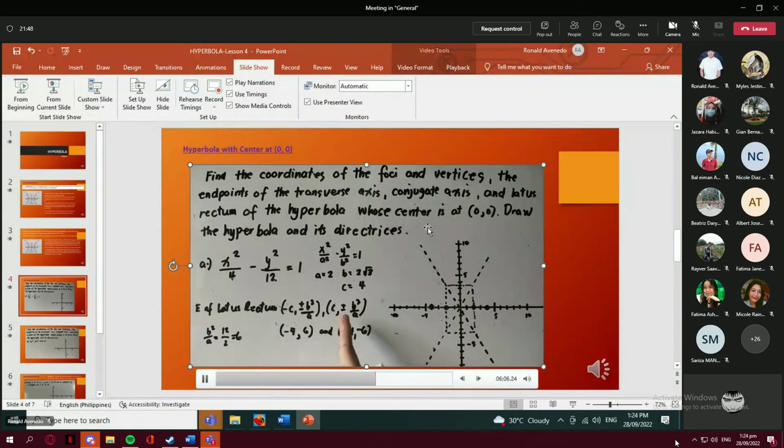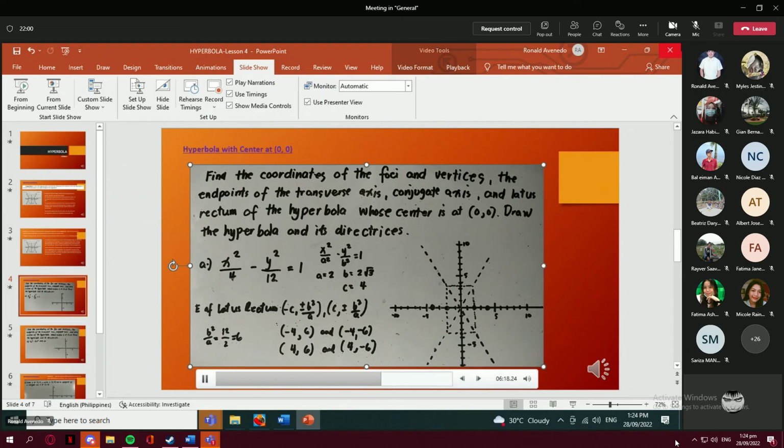And for the other pair, we have 4, positive 6, and positive 4, negative 6. So these are the endpoints of the latus rectum. Negative 4, positive 6.